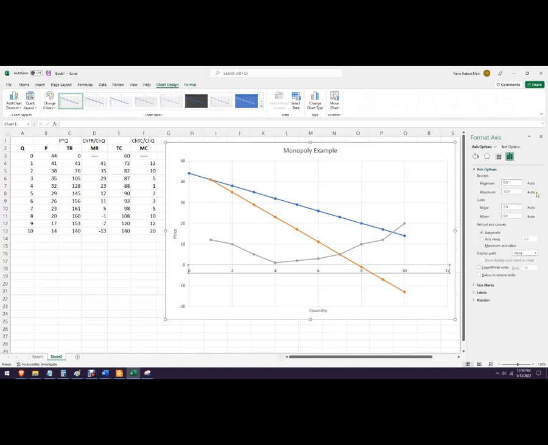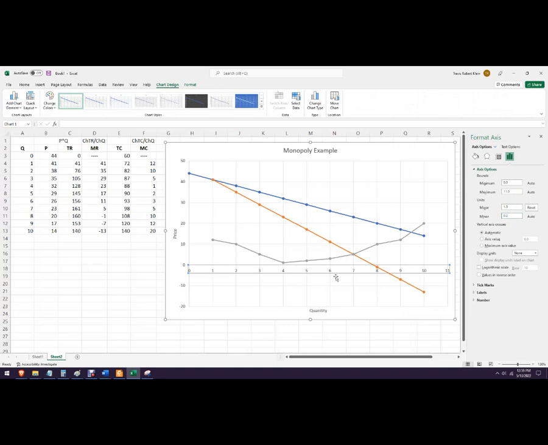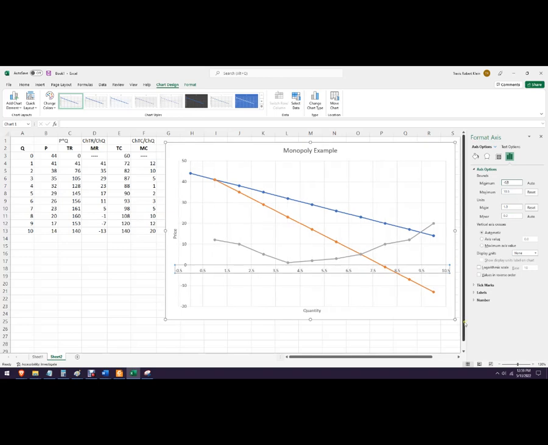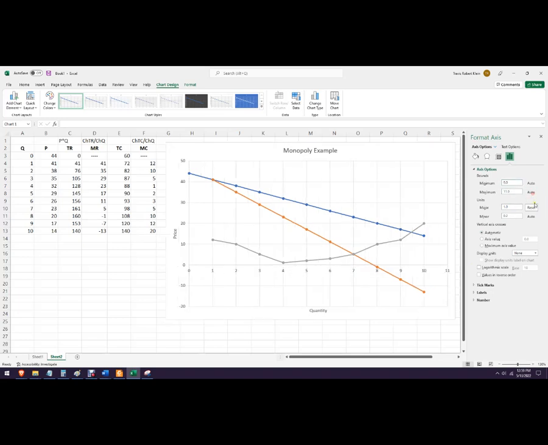Format axis, that's what I'm looking for. Instead of going by 2s, let's go by 1s. That looks a little bit better. And then we don't need to go all the way to 11. We can go to 10 and a half or something, just a little less space right there. Oh, now we're going at 9 and a half. We don't like that. Maybe reset it there. Okay, I guess we're going to go to 11.